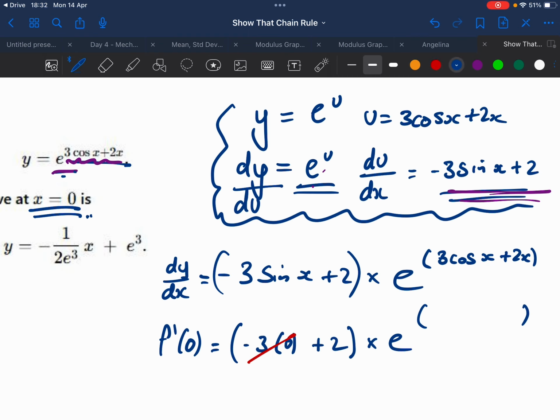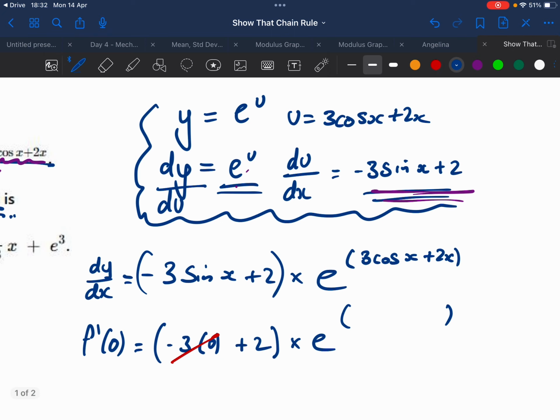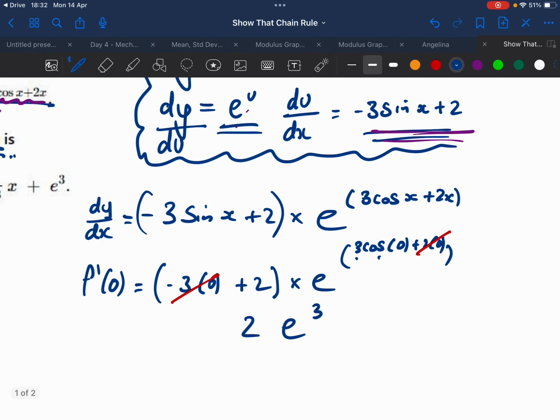So just keep track of that. e to the 3 cos of 0 plus 2 lots of 0. So that's not going to give me anything. Cos 0 is 1. So overall I get 2e^3 times 1. Okay, so I get that result there for my gradient.